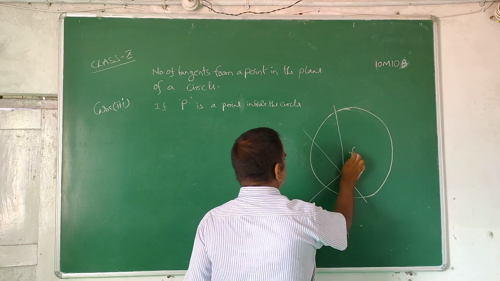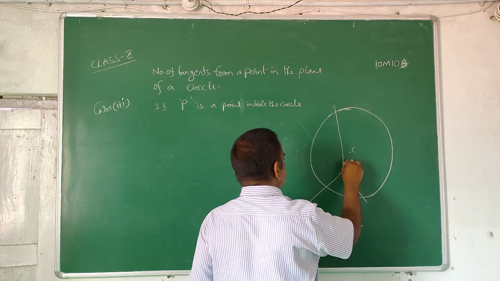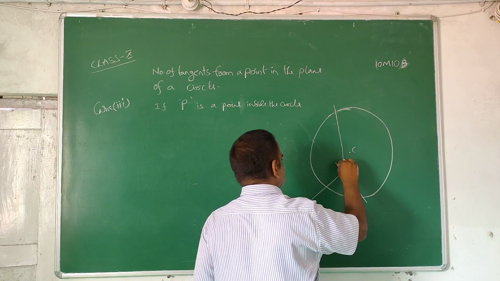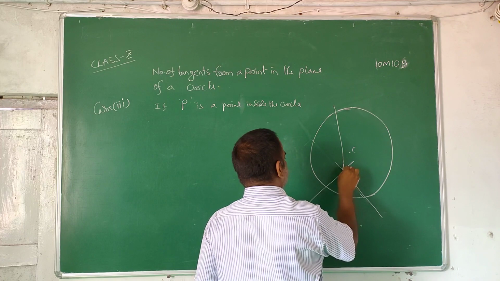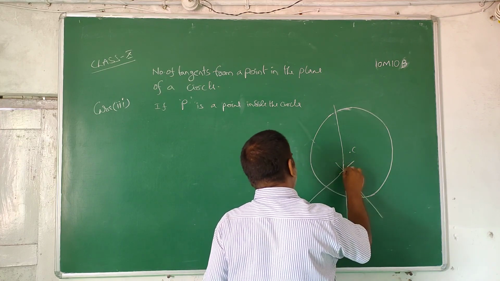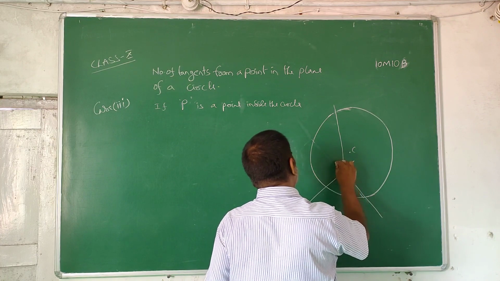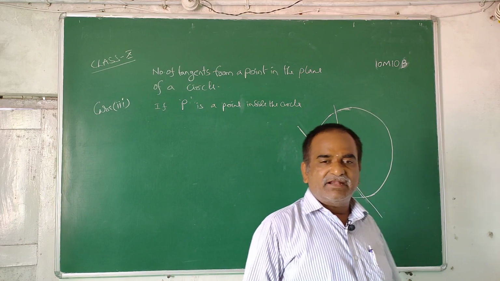Of course, this is not possible. See, if that point P is lying inside the circle, any line through the point P cuts the circle, so it cannot be tangent to the circle.